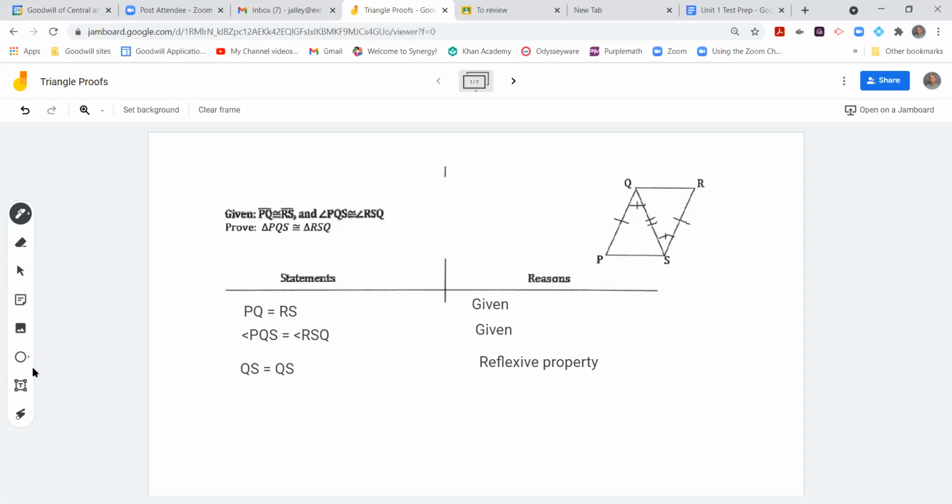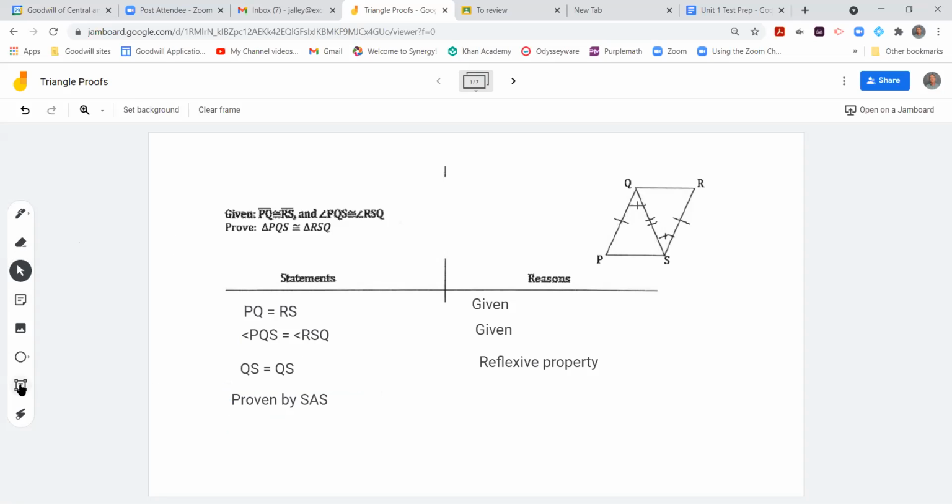So my congruency statement is then proven by side, angle, side. It may not quite be the way the wording goes in the teacher's handout, but that's really what we're given here.